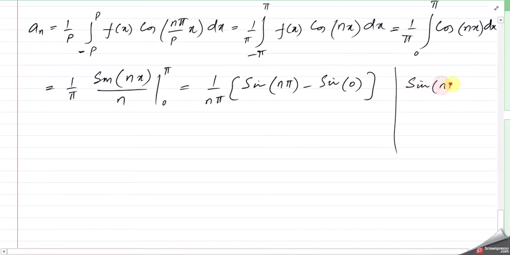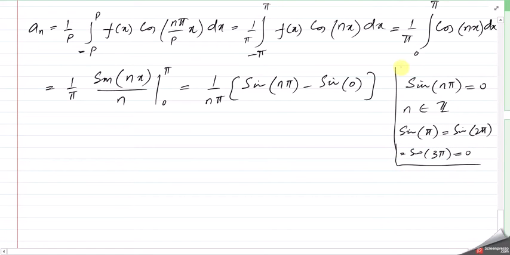Sine n pi for all integer values is 0. You can check with your calculator: sine pi, sine 2 pi, sine 3 pi, all these values are 0. So sine n pi is 0 and sine 0 is 0, we already know that. So using these two results, we can say that an equals 0.